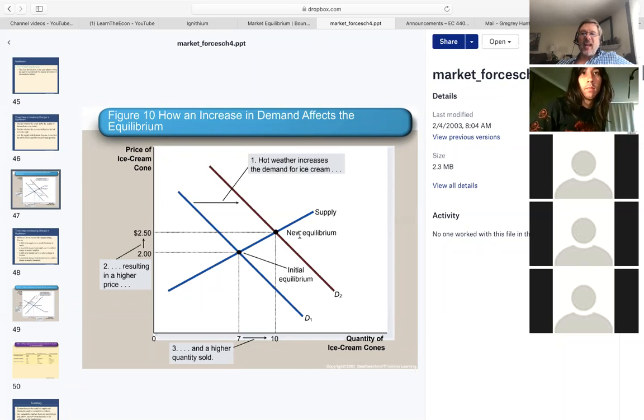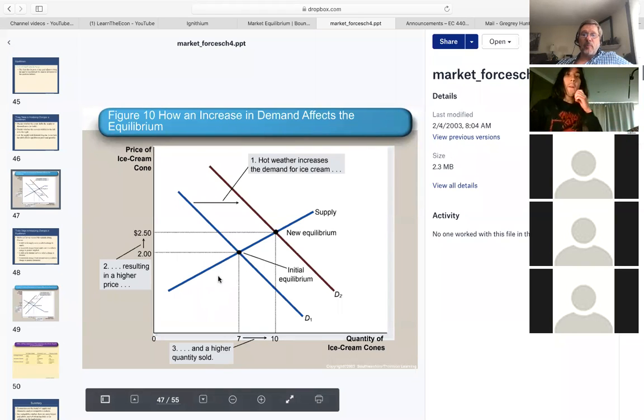And you're not changing the number of buyers or sellers in the market, if we're defining it the normal way: the market for ice cream in a geography like Los Angeles. So we haven't changed any of the supply factors. Supply is stable, and you've got this new crossing point for the new demand curve D2.